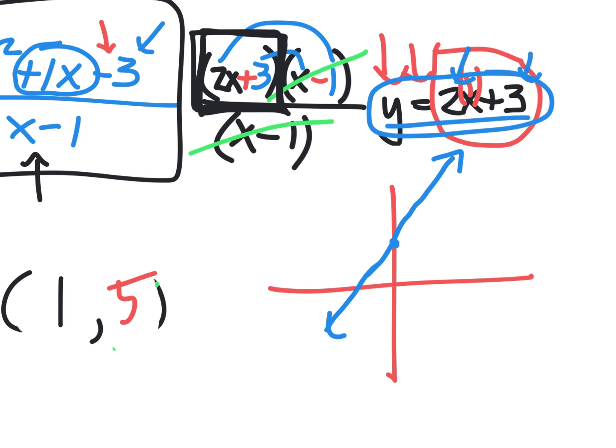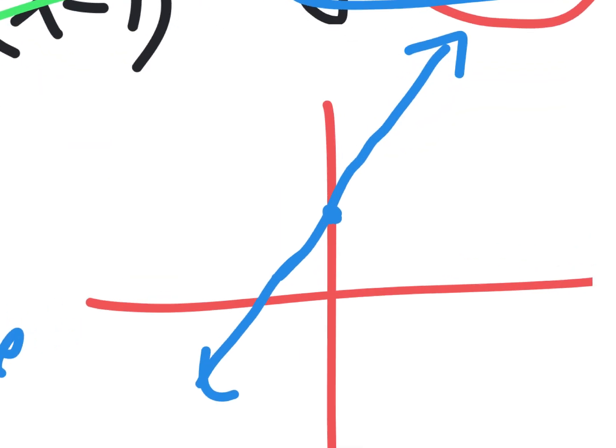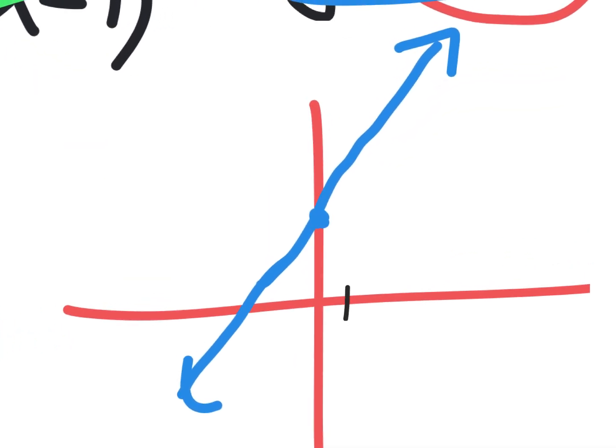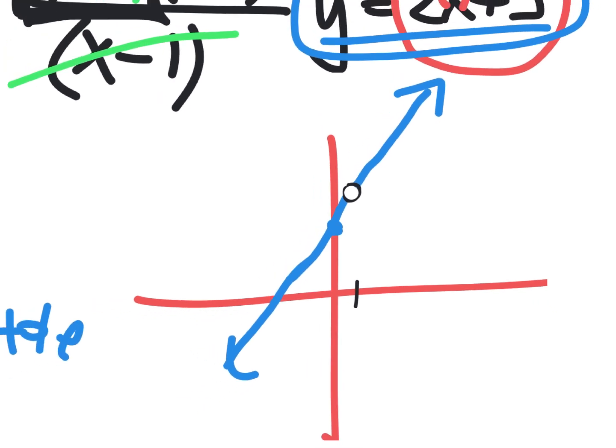But what's different about it is that when you put in 1, you get 5. That's a hole. If I go right here on my graph, over 1 and up to 5, there has to be a hole right there. And so that would be my final answer, is the graph has a hole in it right there at 1 comma 5.